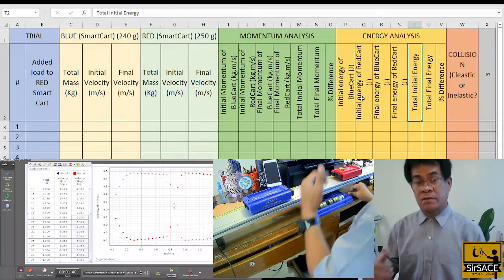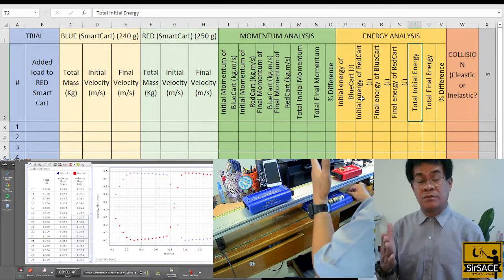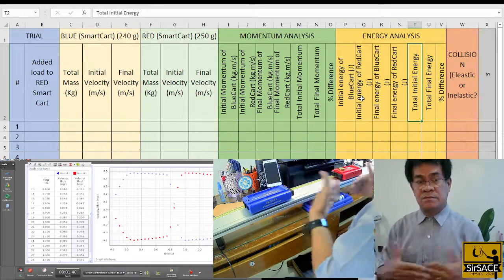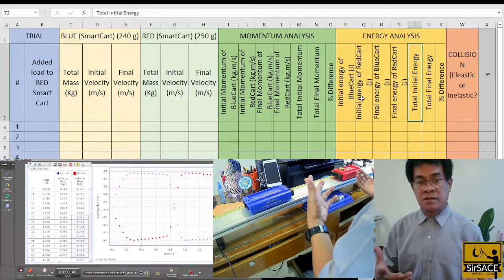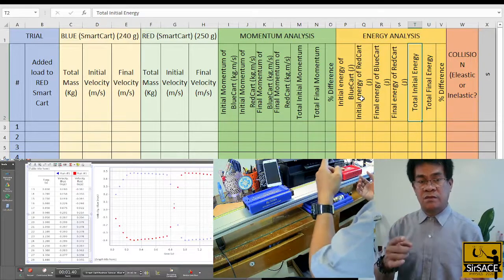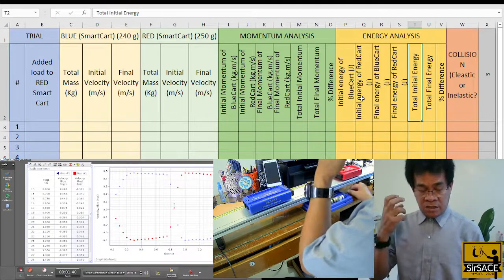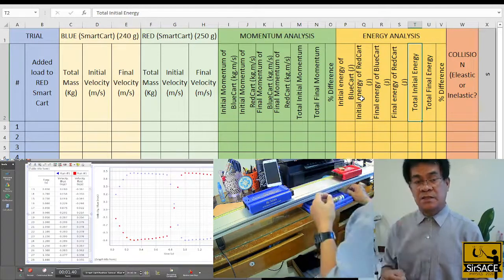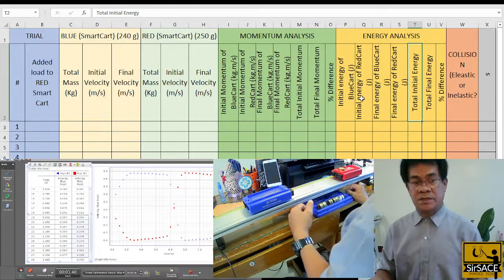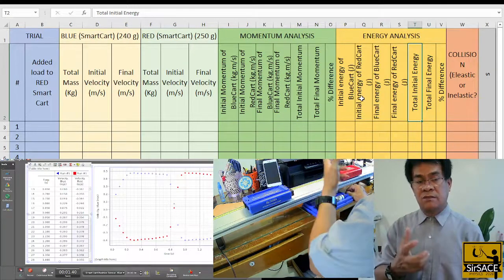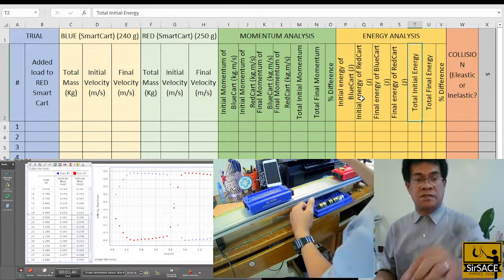Unlike in momentum, because in momentum we have negative momentum and positive momentum. But in energy, since we compute it using 1/2 mv squared, regardless of whether you have negative velocities, when you square it, it will become positive. So energies are always positive. That's kinetic energy.